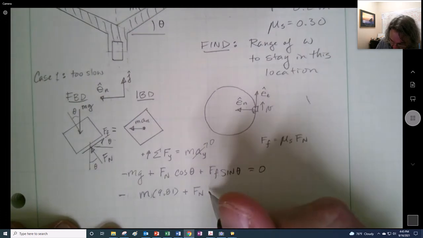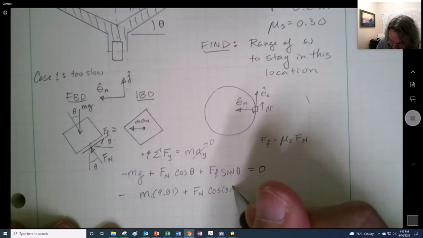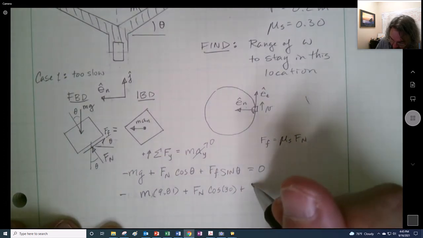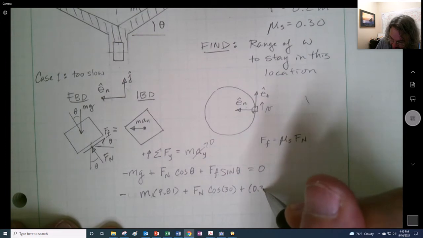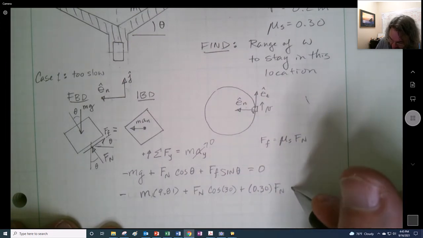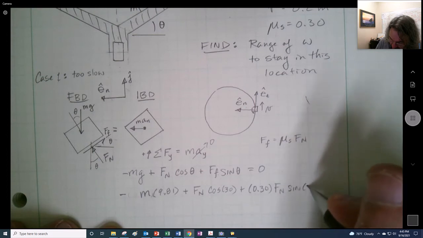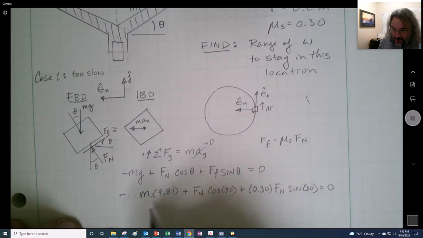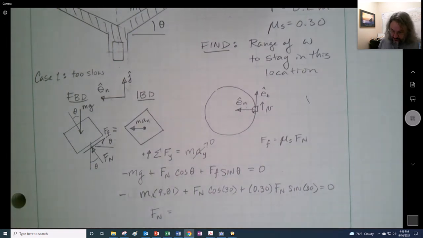Okay, so you've got plus Fn times the cosine of 30 degrees plus mu times Fn, or 0.3 times Fn, times the sine of 30 degrees equals 0. So we can solve for Fn in terms of mass.